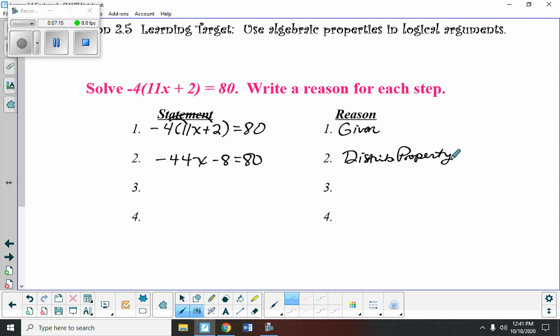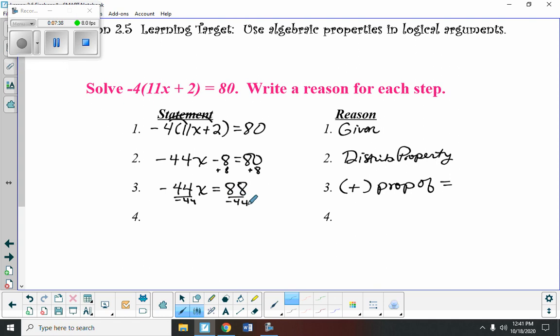Okay, and then I would add 8 to both sides. So I'd have -44x equals 88. And so I added to both sides. That's the addition property of equality. And then lastly, I would divide both sides by -44.